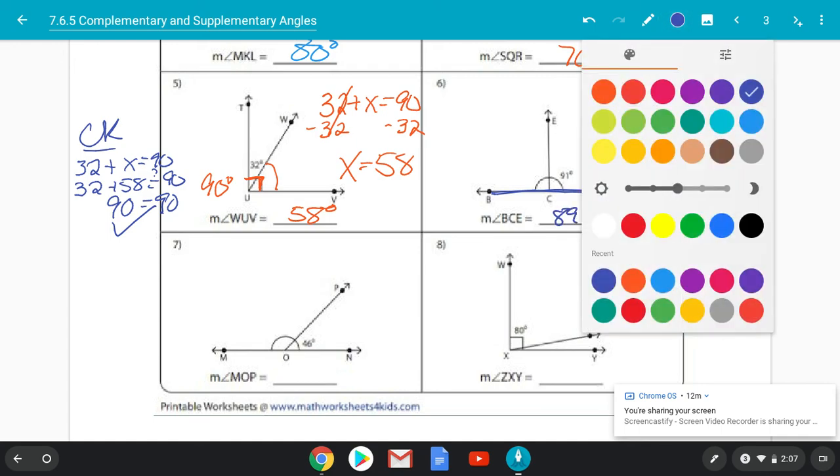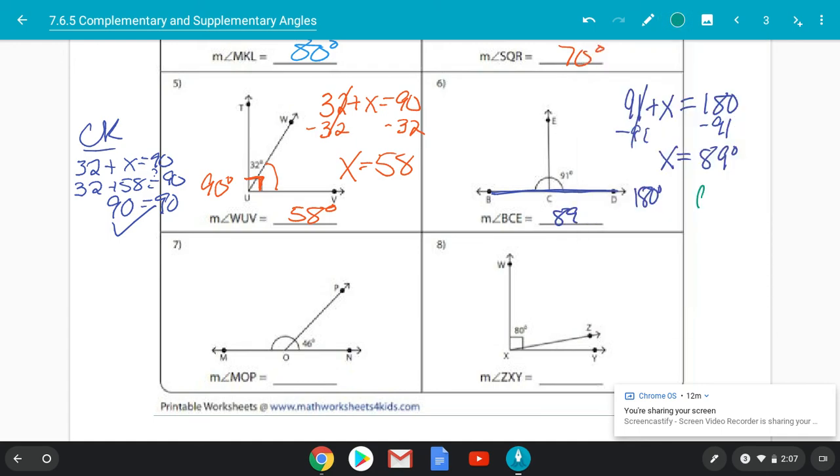This one can also get checked, just like we just did, by plugging it back in. So 91 plus x equals 180. If I do 91 plus 89, is that going to equal 180? Sure is. So that is also going to check out.